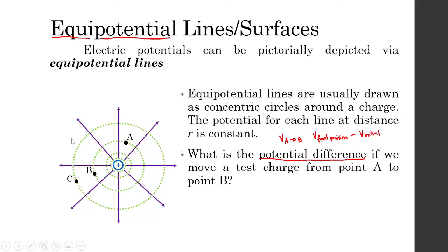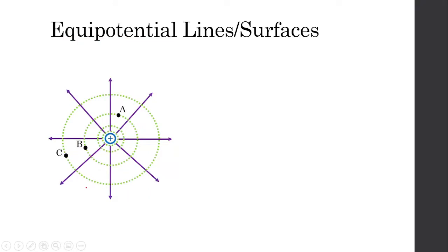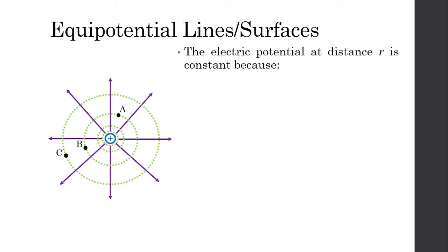So if you think about this, what is the potential difference if we move a test charge from point A? So I have, for example, a test charge here. I place a positive charge right here at point A, and what if I move it to point B? Similarly, what if I move my test charge, which is at point B now, to point C?